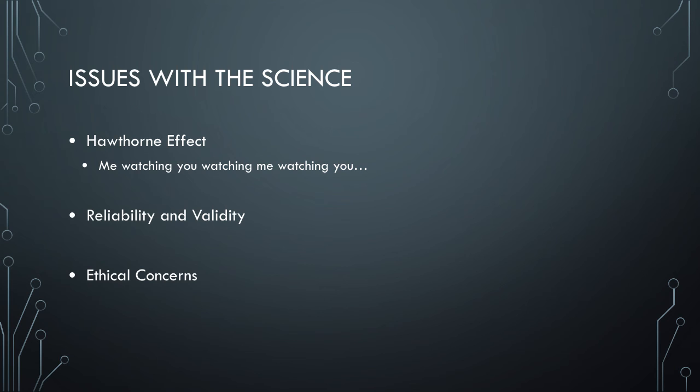And validity concerns the idea that we're actually measuring what we say we are about the world. If I say I'm measuring attitudes about race, how valid is that? Am I really getting people's attitudes about race? Or, most people don't want to be racist, or at least they say so. Am I really measuring their judgments, their fear of me judging them as being racist, or am I actually measuring their concerns?